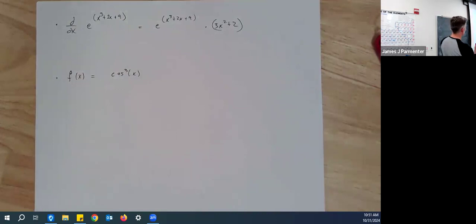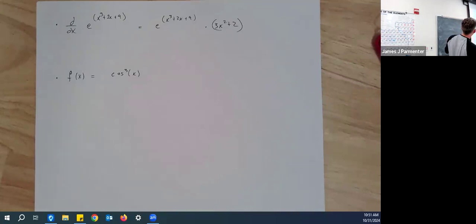When you see e to the stuff, the e to the is the outer function. It's one of the few functions that you don't say e of x, you say e to the x. It'd be nice if it also had that word "of" in there, but it's just not the way it's said.